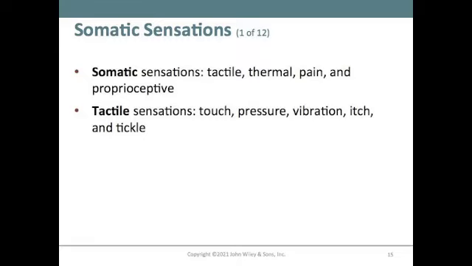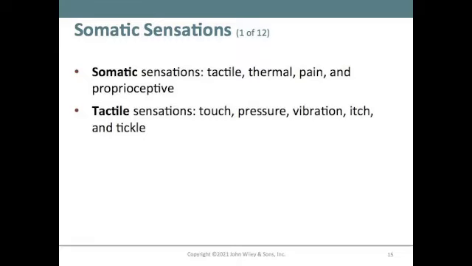The tactile sensations include touch, pressure, vibration, itch, and tickle. Although we perceive differences among these sensations, they arise by the activation of some of the same types of receptors. Several types of encapsulated mechanoreceptors attached to large diameter myelinated A fibers mediate sensations of touch, pressure, and vibration.